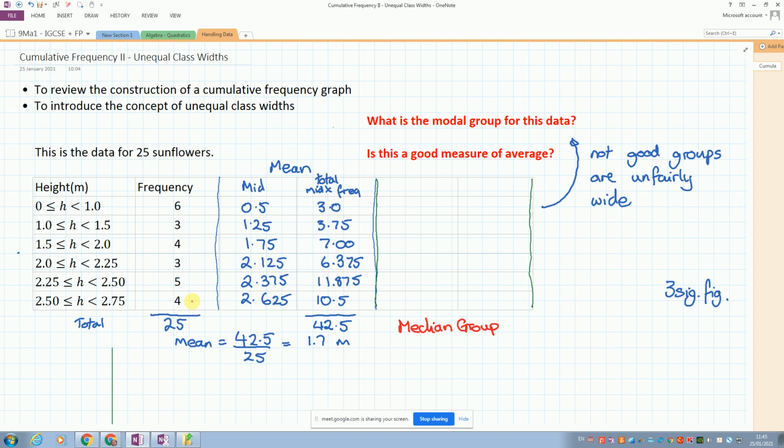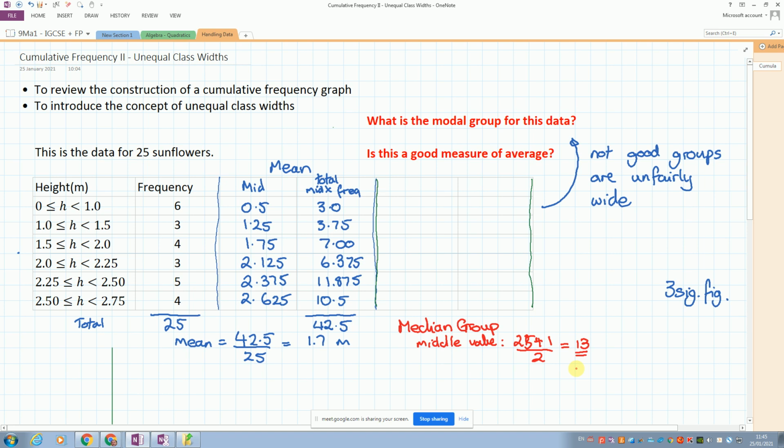To find the median group, I've got to find the middle value. The middle value of 25 numbers is 25 plus 1 divided by 2. That's the two endpoints, the start and the end. Add them together, divide by 2, you'll find the middle. Always the case. So this gives me 13th.